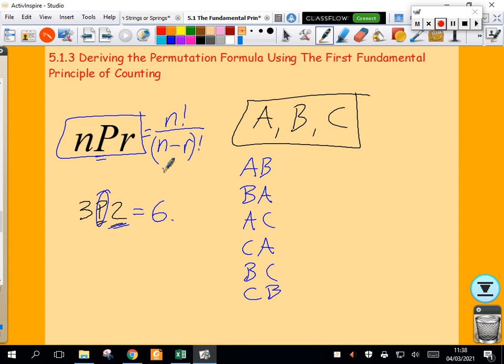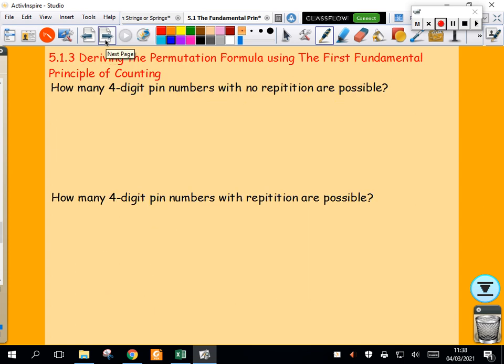Let me look at one more example here. How many 4-digit PIN numbers with no repetition are possible? This is really important, no repetition. So essentially, we've got 10 digits, 0, 1, 2, 3, 4, 5, 6, 7, 8, 9, and that's it. Not 10. 10 isn't a digit, of course.